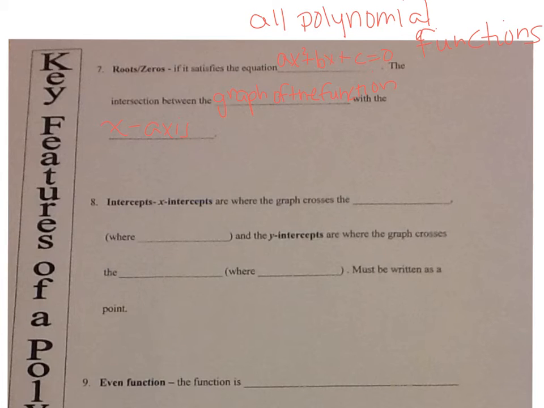And number 8, the intercepts. So we have two different kinds of intercepts. We have x-intercepts and we have y-intercepts. The x-intercepts are where the graph crosses the x-axis. That would be where your y values are equal to 0. And your y-intercepts are where the graph crosses the y-axis, and where it crosses the y-axis, your x value is equal to 0.